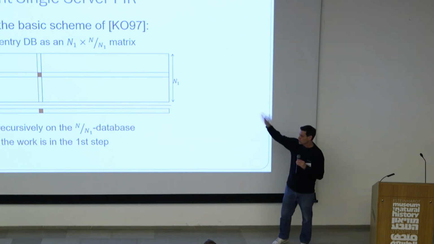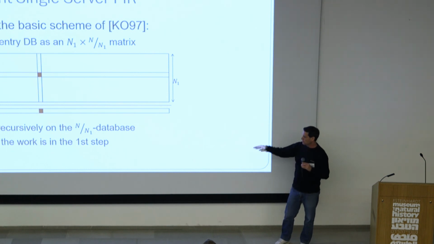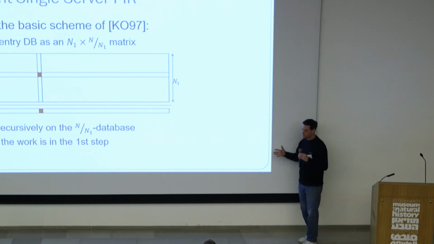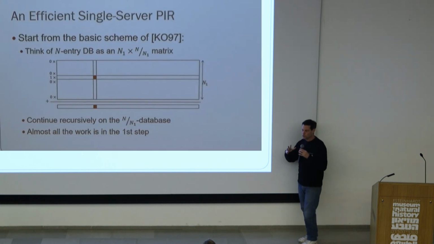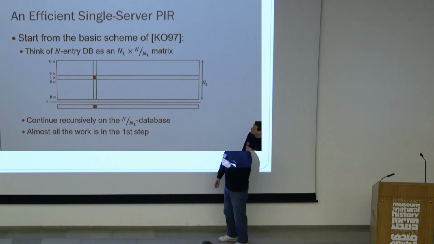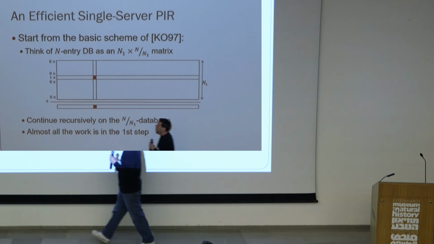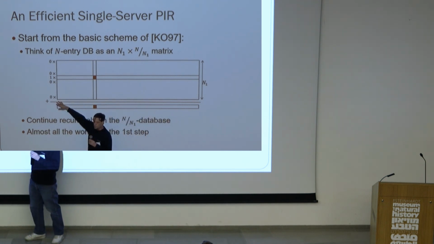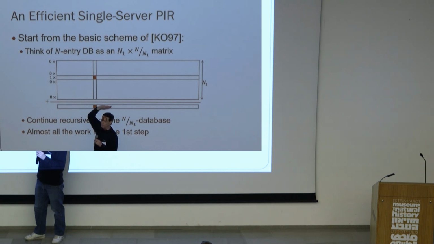So you just send GSW encryption of all these bits, and you keep doing that, and every time you get a compressed Regev encryption of the database. And really, it's only the first step where you do any work, because this is the first step where you touch the entire database.